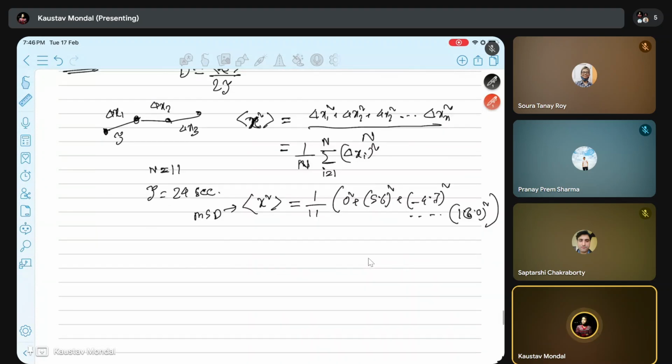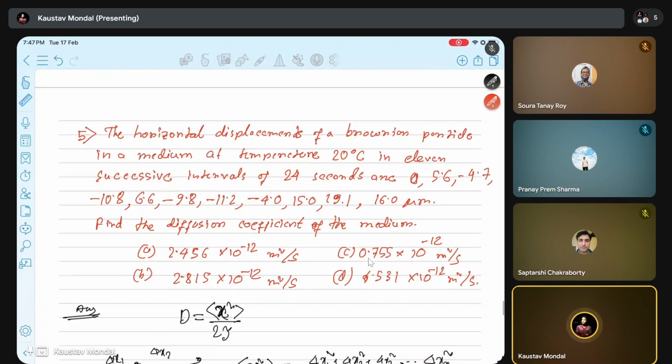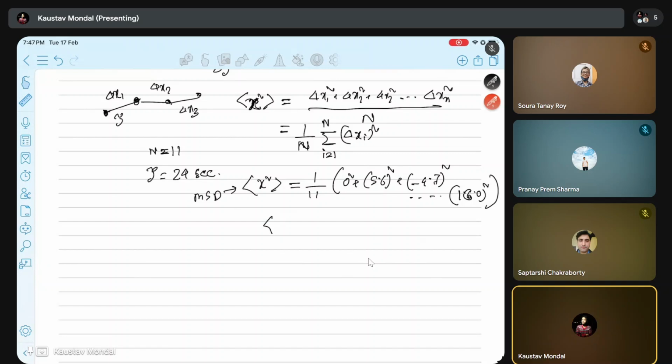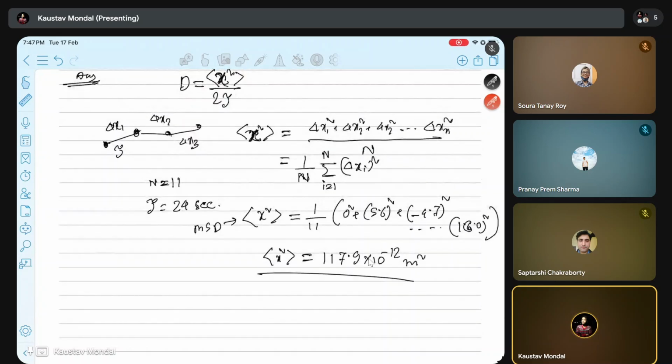These units are in micrometer, so if you convert to meter, the whole expression would be 117.9 into 10 to the power minus 12 meter square. So this is the value of the MSD.